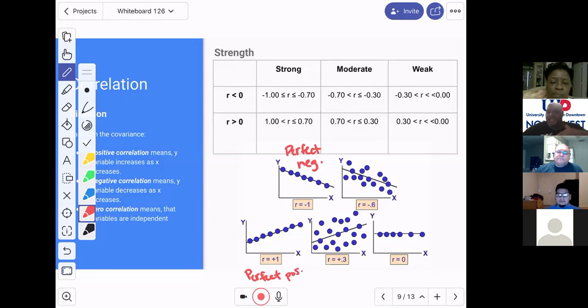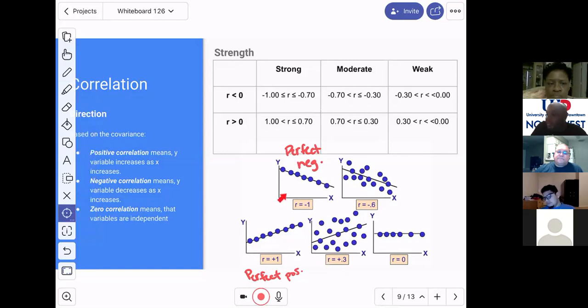What that really means is that because it's perfect, in this one right here, as X increases, Y will always decrease by the exact same amount. That's why it's perfect. Perfect positive correlation says that as X increases, Y will always increase by the exact same amount.